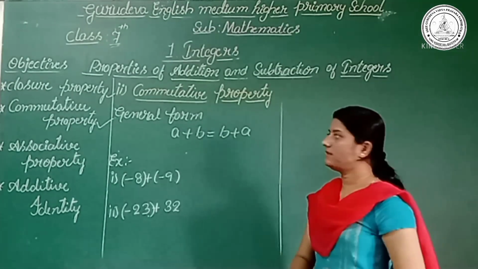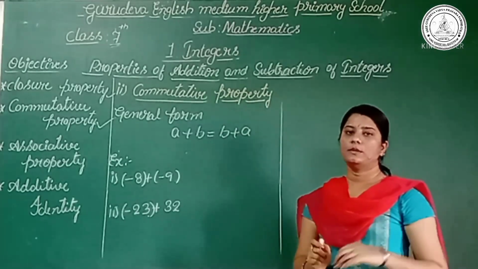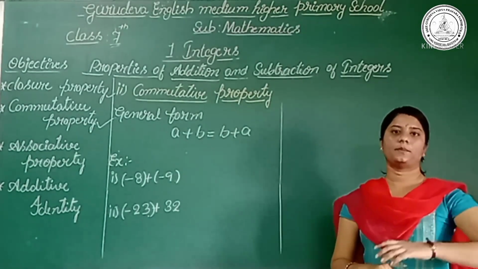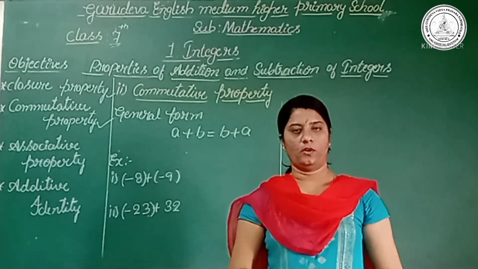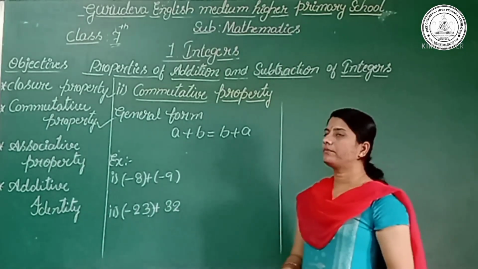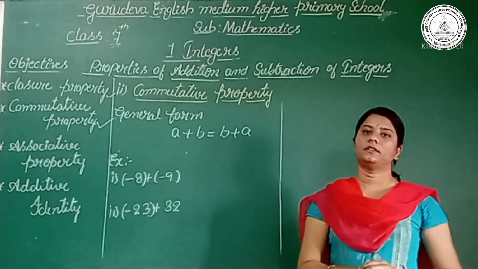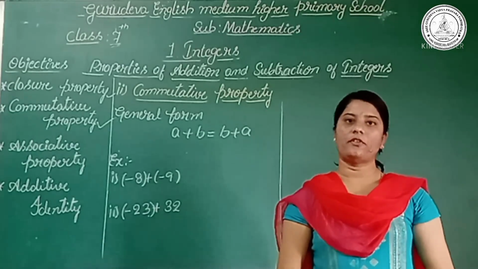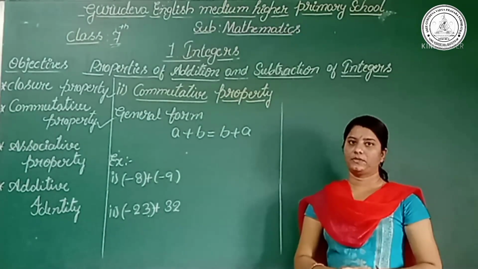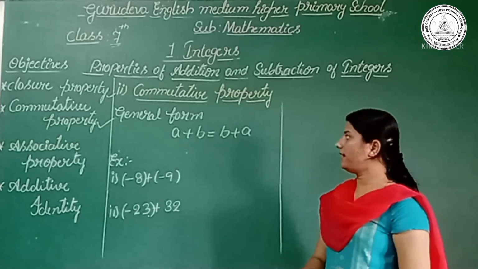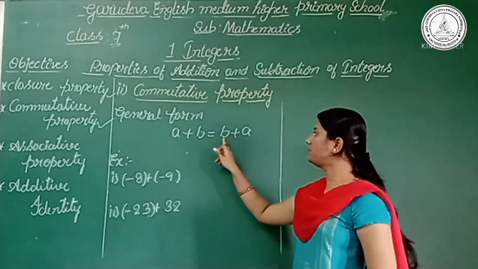Okay. Then let's see the second property, that is the commutative property. In the previous class we learned the commutative property of whole numbers. If the order of the numbers is changed, we will still get the same sum. The general form of this property is a plus b is equal to b plus a.